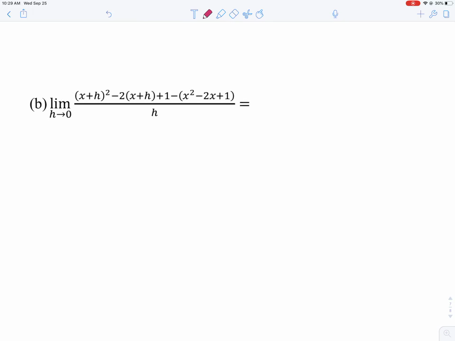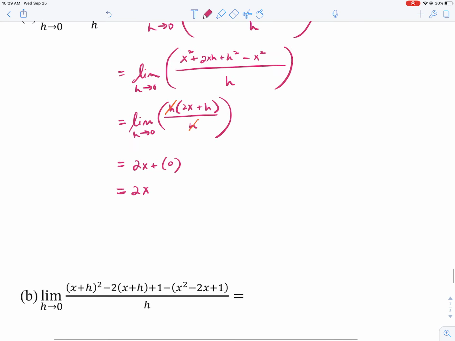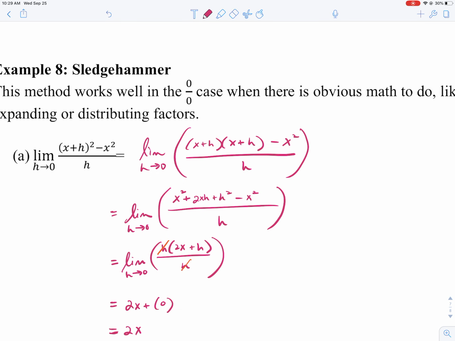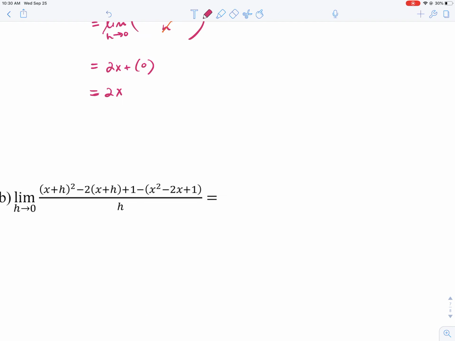Oh man, this is yucky looking. So again, not really much you can see that you could use. Up here we ended up with 0 over 0. Same thing down here. If we plug 0 in for all the h's, you'll get 0 over 0. So the only thing we can do is multiply everything out.